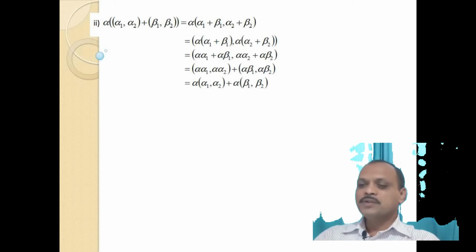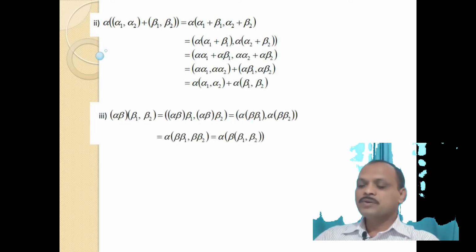Firstly we add, then multiply by alpha, and then separate, so we get alpha into alpha 1 comma alpha 2 plus alpha into beta 1 comma beta 2.